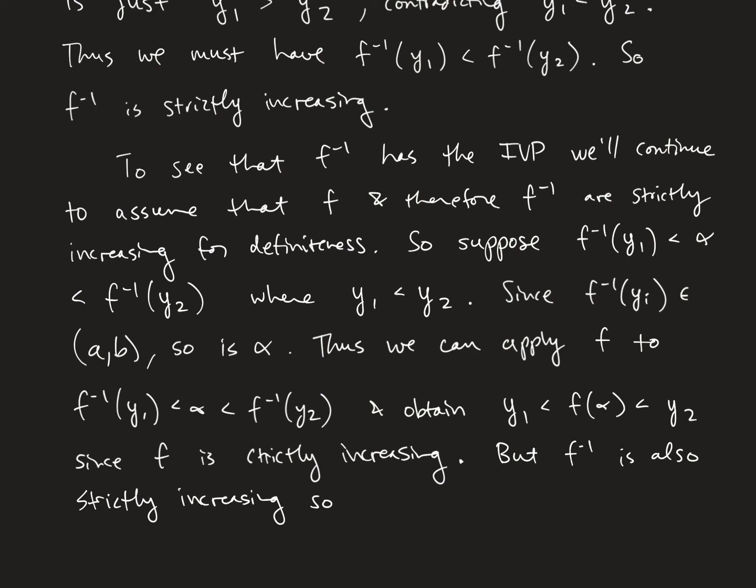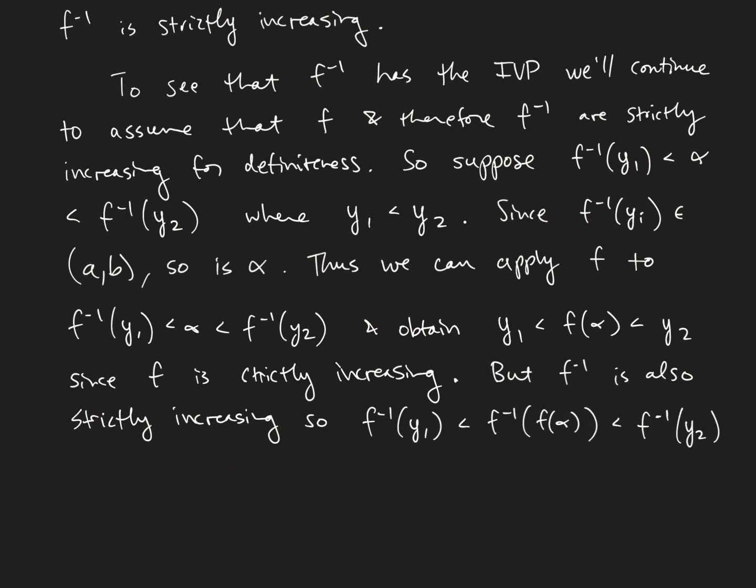So we have f inverse of y1 is less than f inverse of f of alpha is less than f inverse of y2. And we have in the middle here, this is just alpha again, right? f inverse of f of alpha is just alpha.